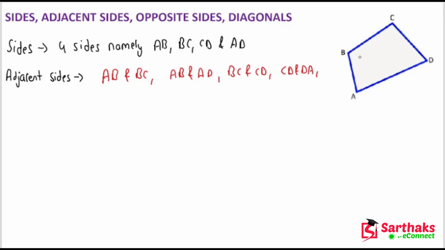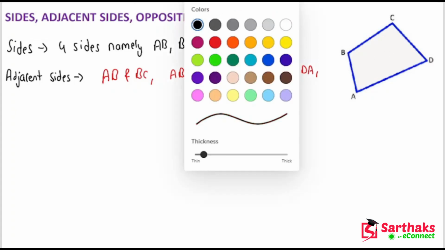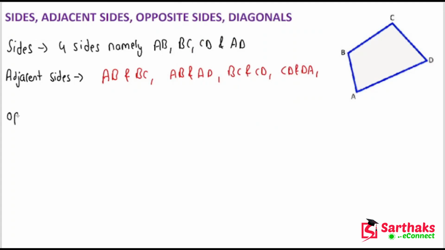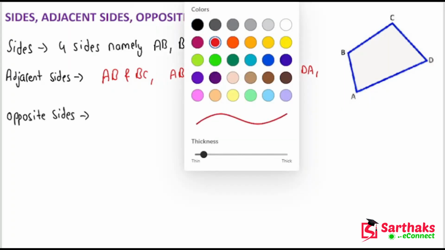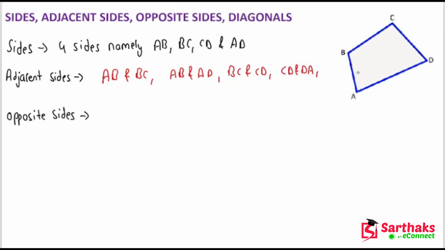So what are opposite sides? If they are adjacent, that is nearby, then there must be something called opposite. Opposite sides means sides in front of each other, which are not adjacent.